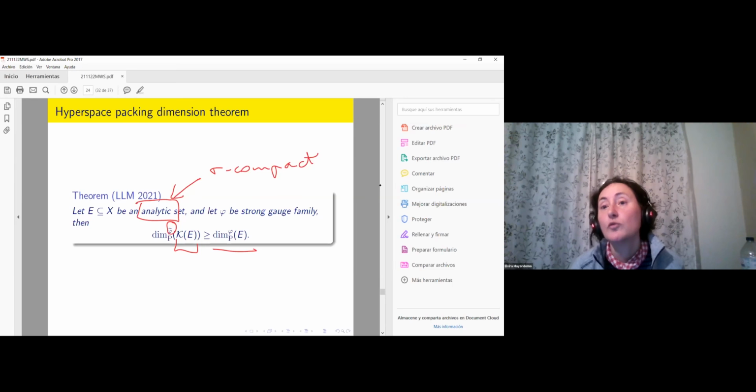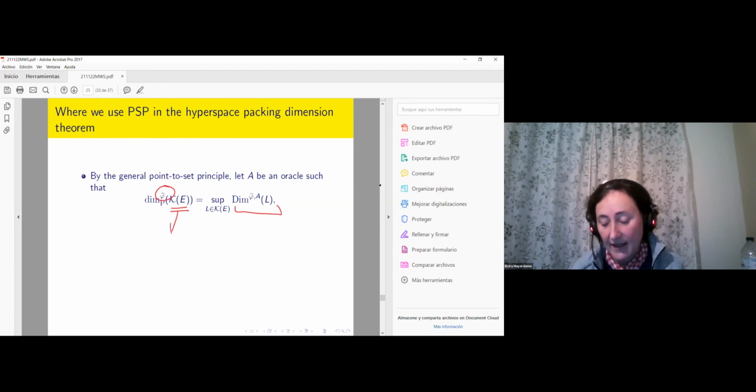Well, your main goal is to construct points in here in KE, that is compact elements, those are the points of KE, points that have high Kolmogorov complexity. Okay, so you need to find an L in here, that is a compact subset of E, that has very high Kolmogorov complexity.